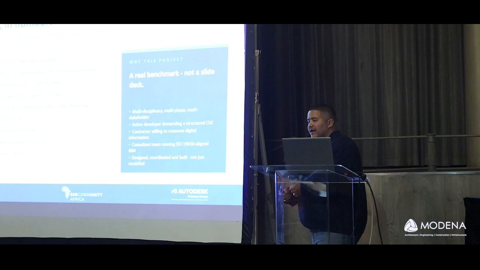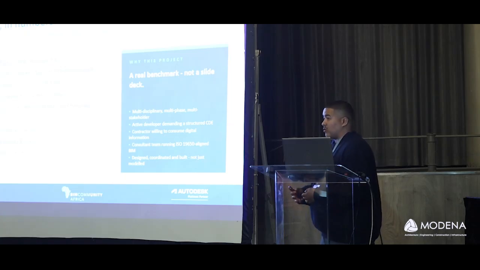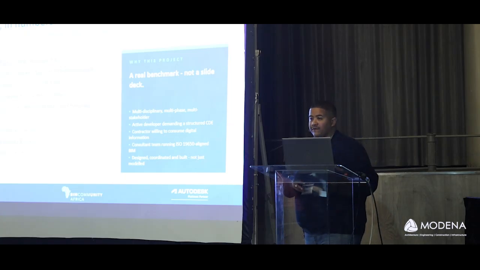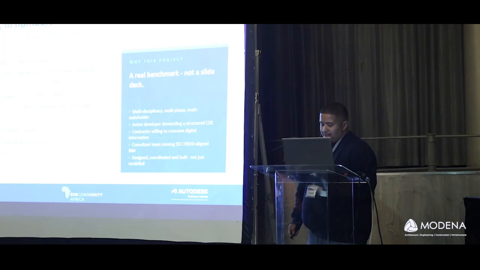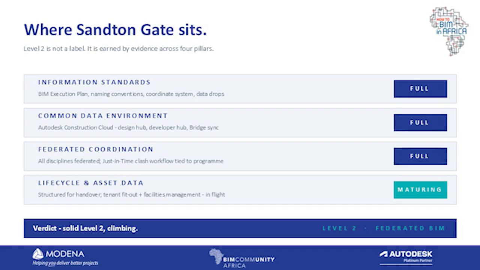So when you have a client like that, that's a score, because now you are part of that 1%. We also had a contractor who was willing to digitalize their workflows, because we know when you hit the site, sure, you have three sets of drawings that need to go to the site, but now we start to digitalize their workflows. And this is where Sandgate sits on the scorecard.